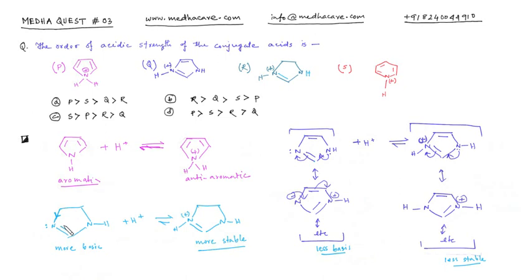So the dihydroimidazole forms a more stable conjugate acid, right? That means this conjugate acid is more stable compared to that one. And if we think of the reverse case, the acidity order, this will be less acidic compared to this one.